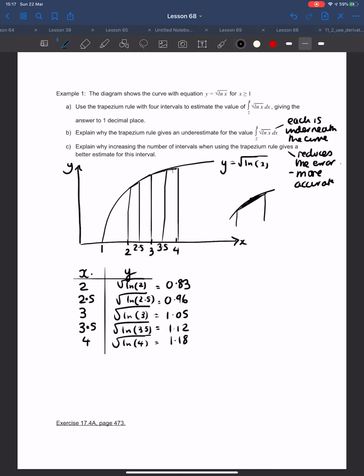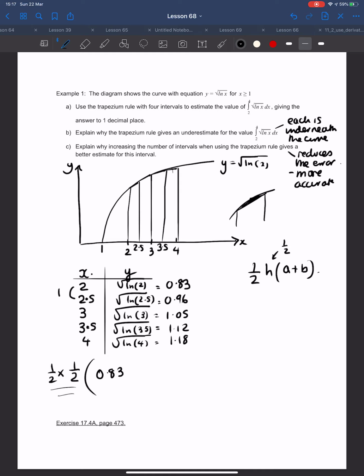Okay, so the area of the trapeziums, it's a half h, a plus b for each trapezium, and h is a half, so it's a half times a half.